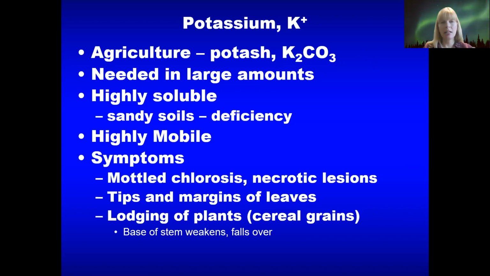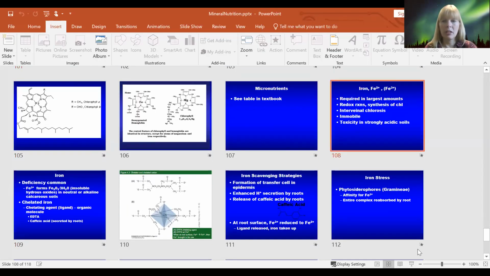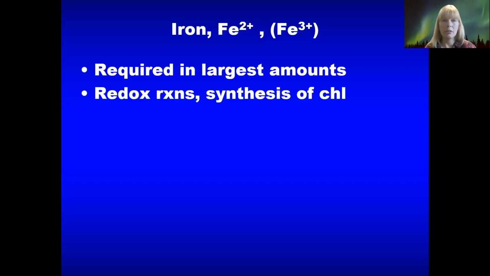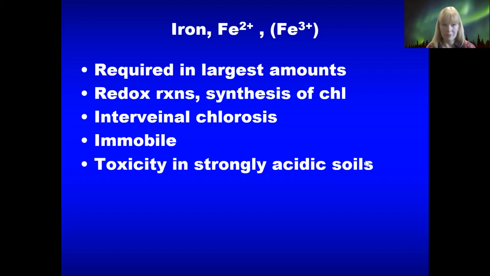And so consolidating table 4.2 and then going down further in the slide set with my write-up of these different minerals, there are some unique things about some of these minerals, like iron. We said technically they classify that as a micronutrient, but it's the one that's required in largest amounts. So again, that's something very unique about iron.